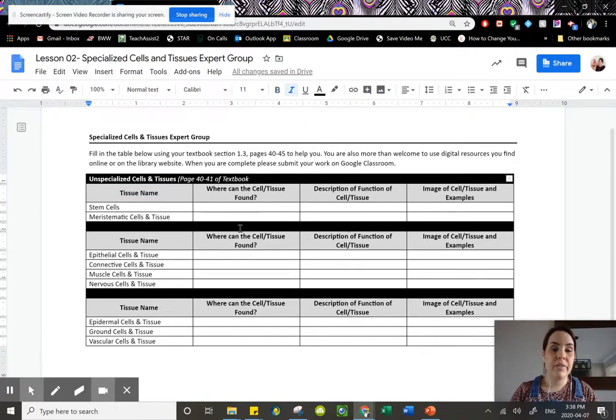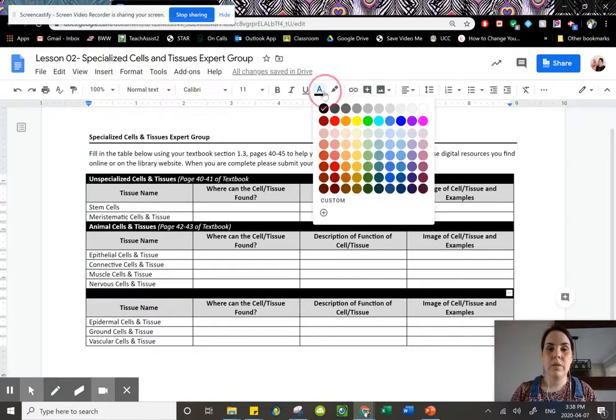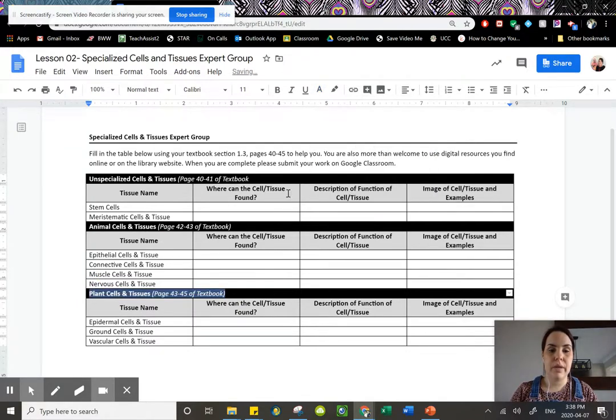We have different types of animal cells and tissues, found on pages 42 to 43. We also have different types of plant cells and tissues, found on pages 43 to 45 of your textbook.